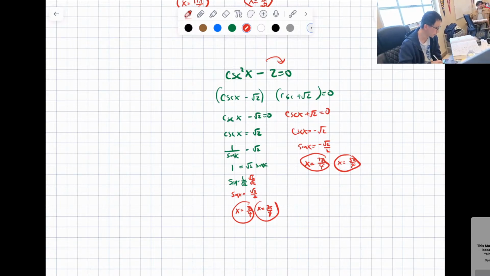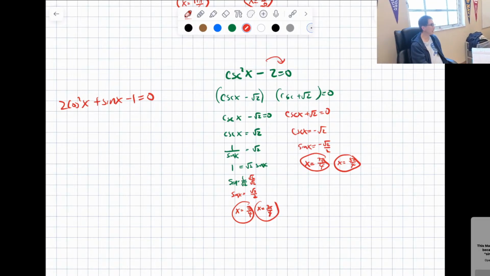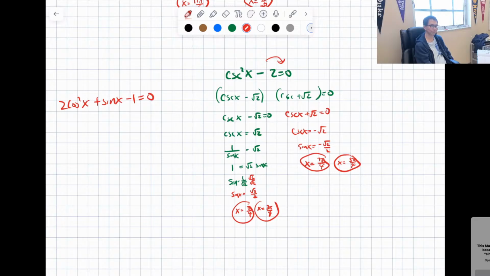So let's talk about Gia's suggestion earlier. Okay, what's wrong with this one? There's a mixture of sine and cosine.